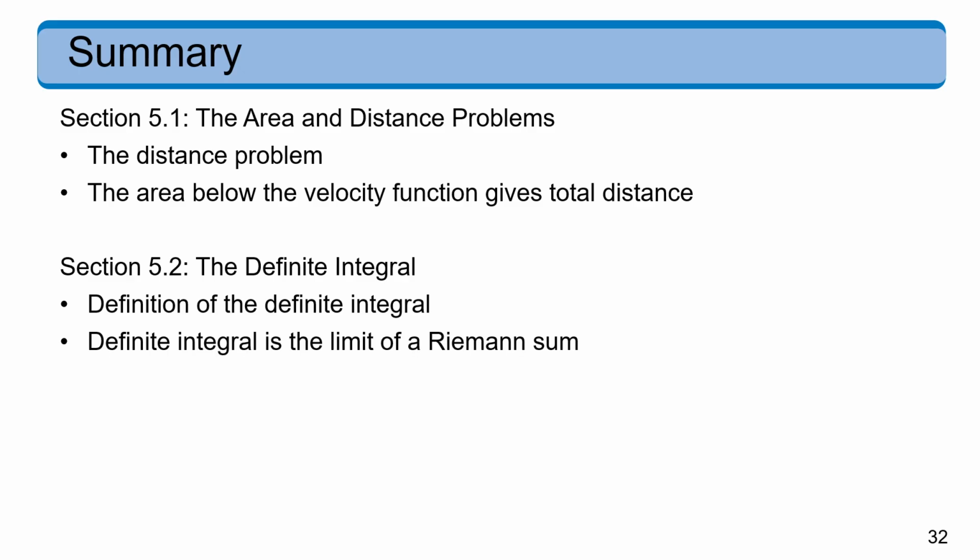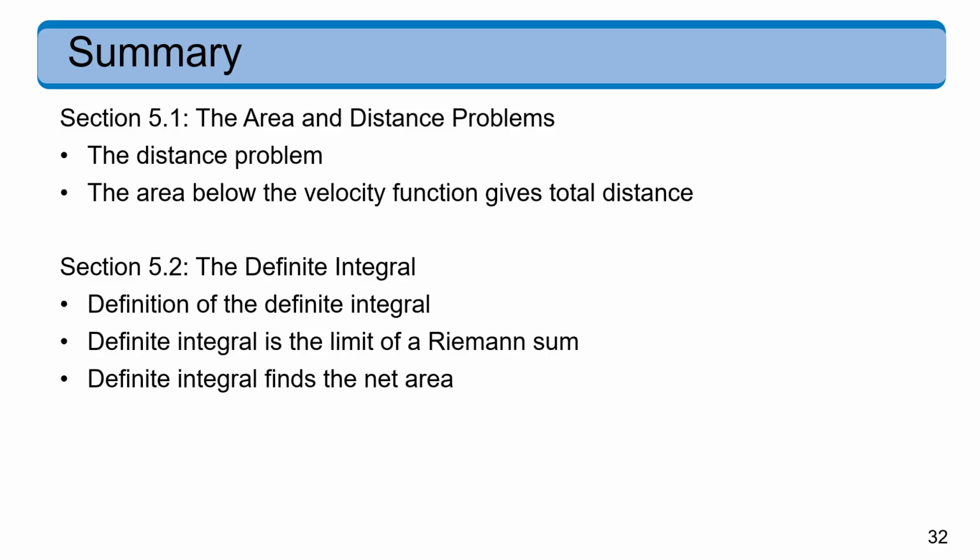We saw that this definite integral was written as a limit of Riemann sums. So we defined a Riemann sum, and graphically it represents the sum of approximating rectangles. And then when we take the limit of that as the number of rectangles goes to infinity, that is our definition of the definite integral, which represents the area below the curve.